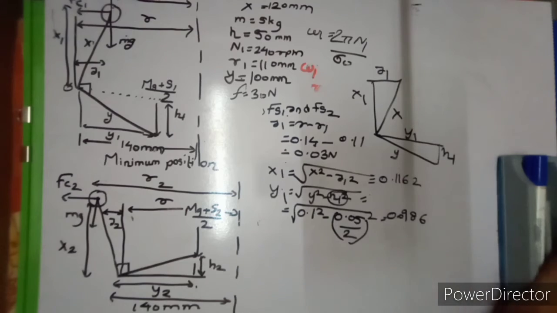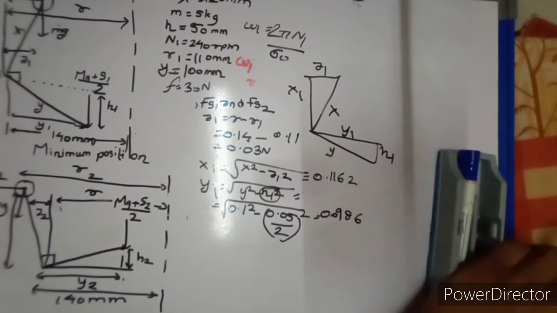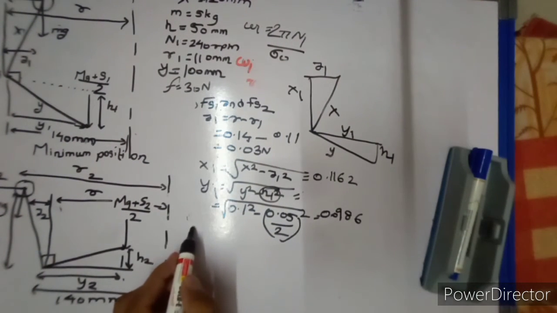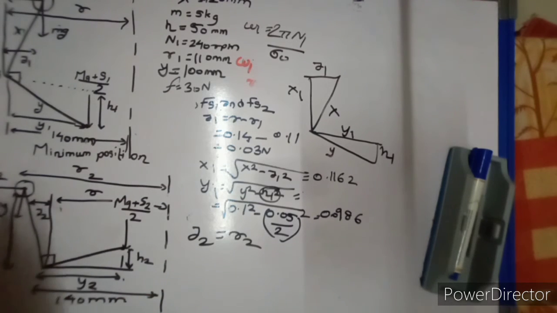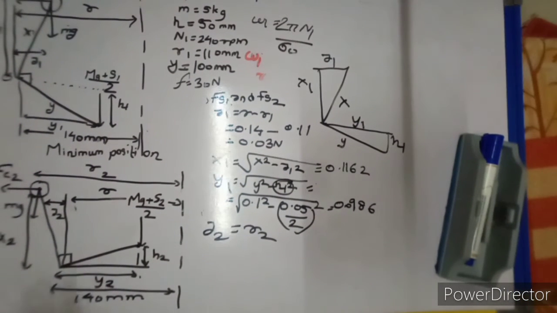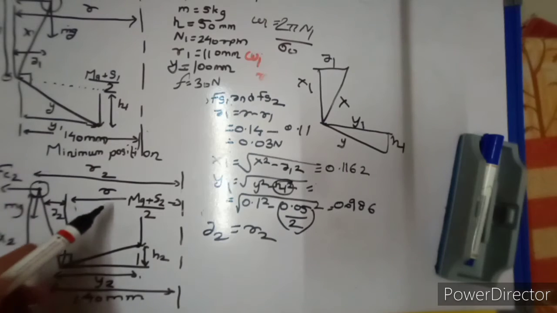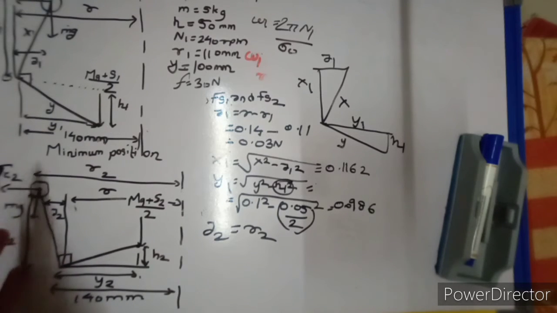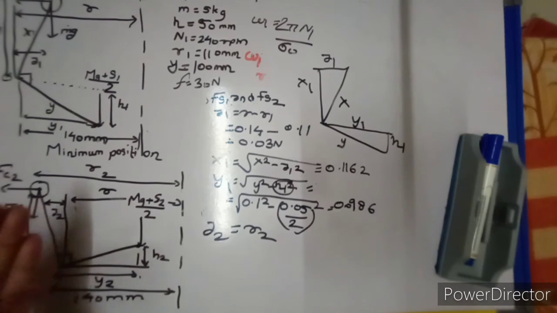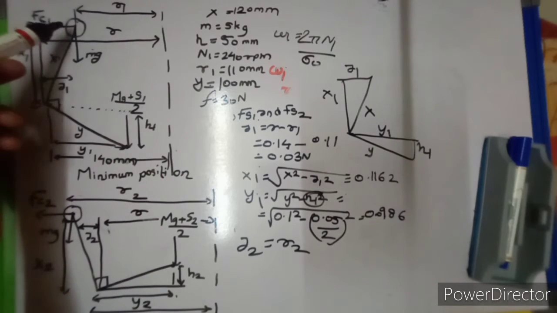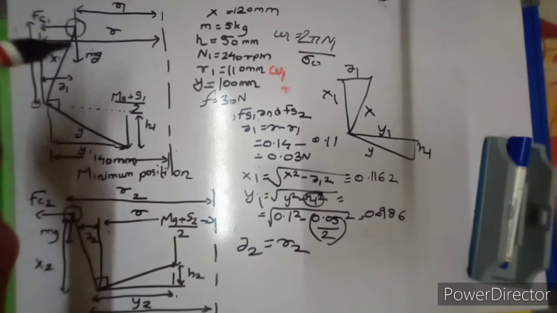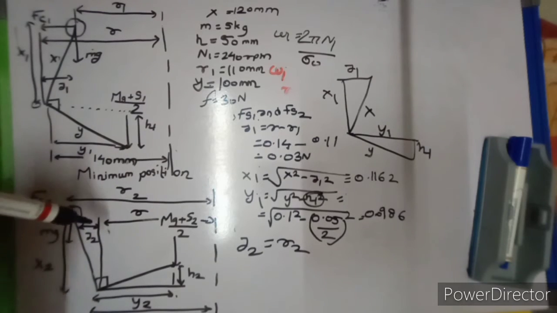Similarly, this was for minimum position. Now for maximum position, now maximum position x2. First a2 is equal to r2 minus r. This you know, no? Bell arm goes rightward and sleeve arm comes upward. Bell arm goes leftward, and you have to always consider the distance from the bell arm to the axis. So it all depends upon the position of the bell arm.